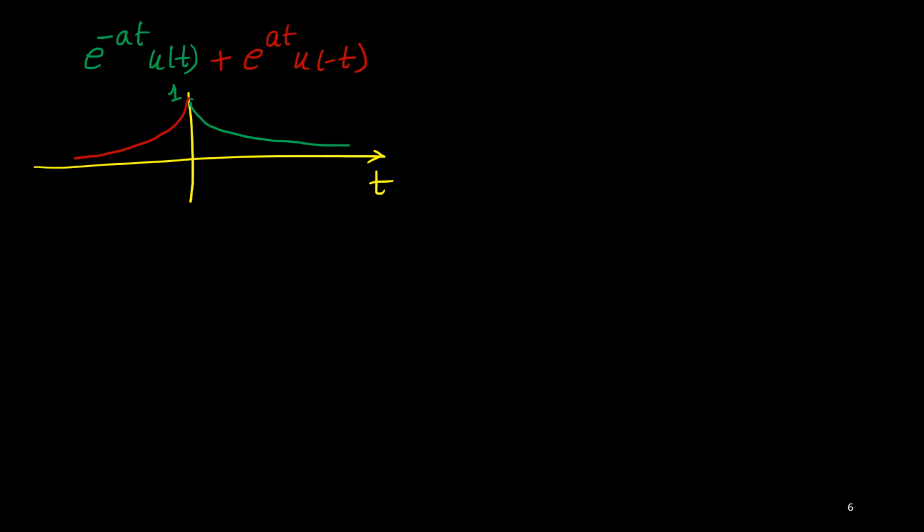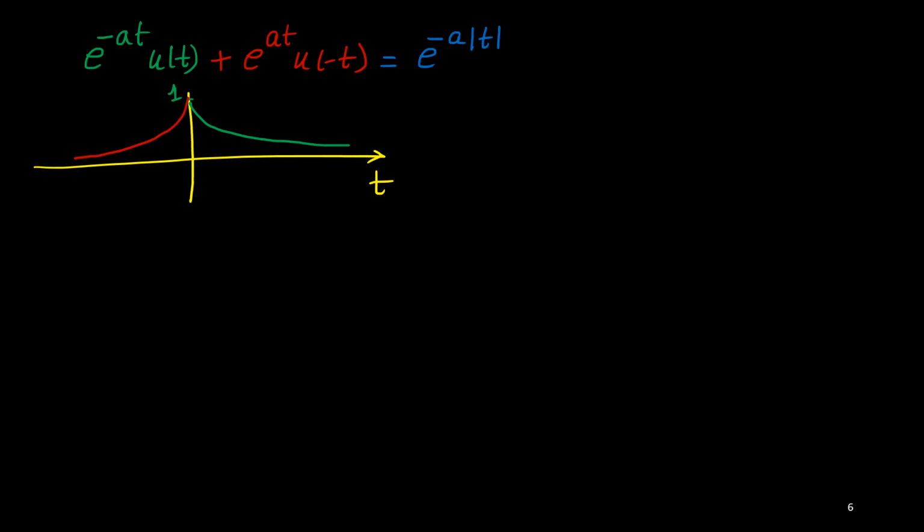These two together we can write as e to the power minus a times mod t, because when t is positive it is simply t, but when t is negative, mod t is replaced by minus t, so it becomes plus.